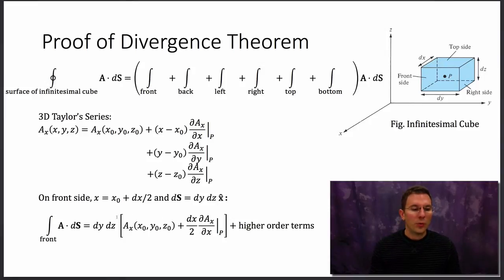So the x component of A along this front surface, using the Taylor series, can be written this way: A sub x evaluated at point P plus dx over 2 times the partial derivative of A sub x with respect to x, times the area of the front side, which is dy dz.